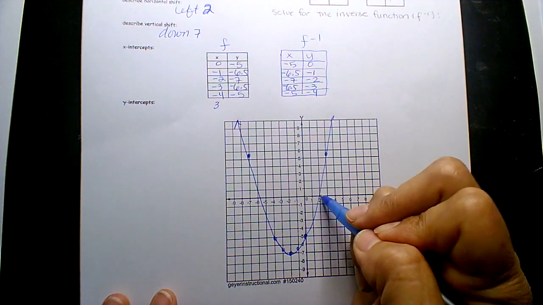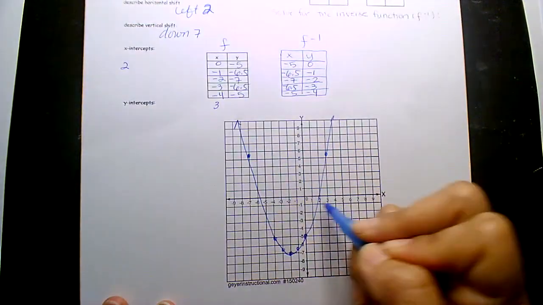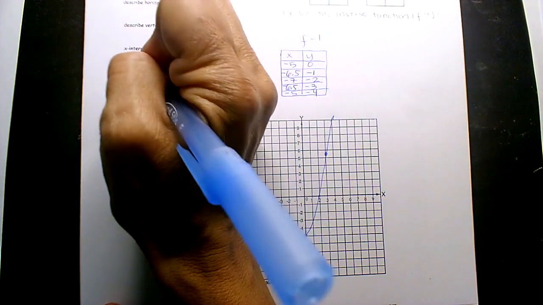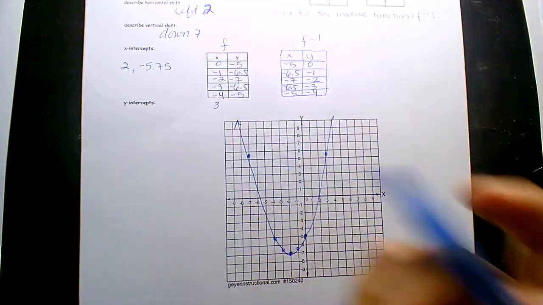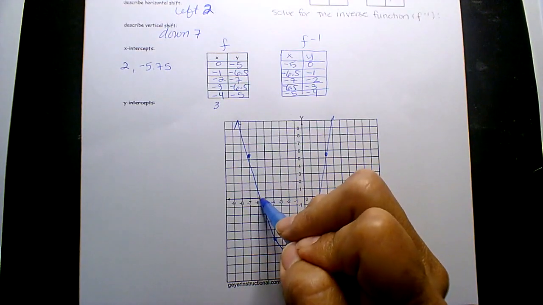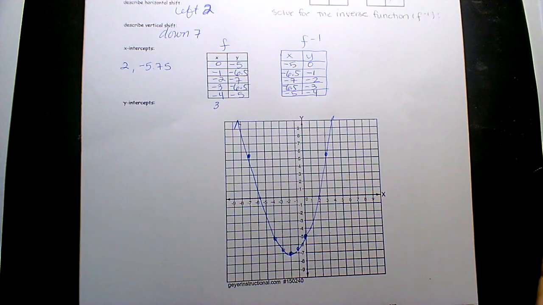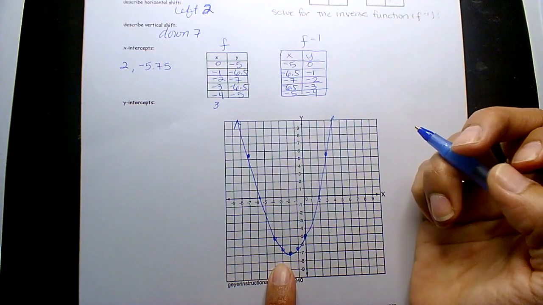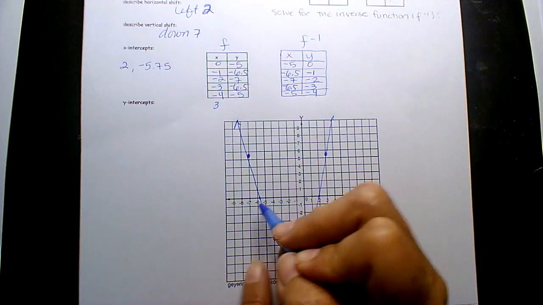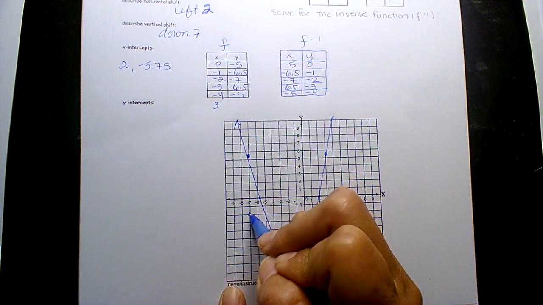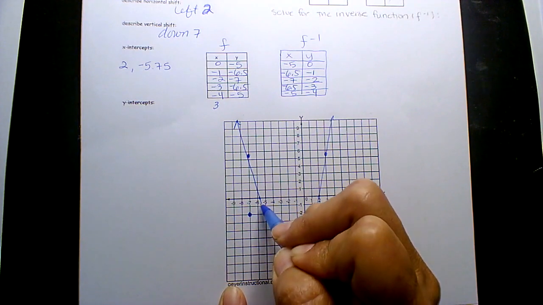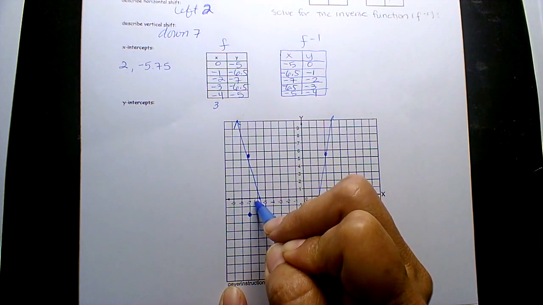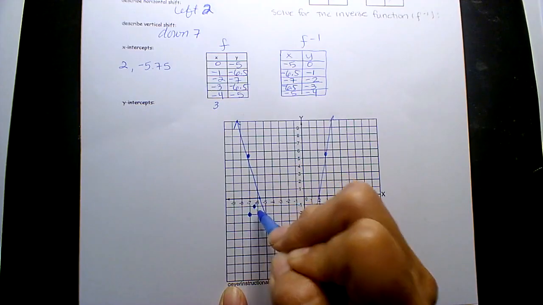And so then here are my x-intercepts. It kind of looks like 2, and this one looks like -5.75, 5.8, right? If you understand what an x-intercept is. And so then I just do it again for the y. So I had -7, -2, and then -6.5, -1.